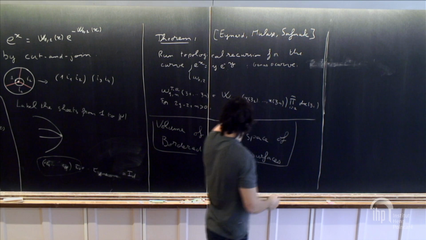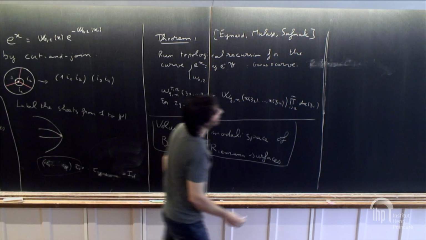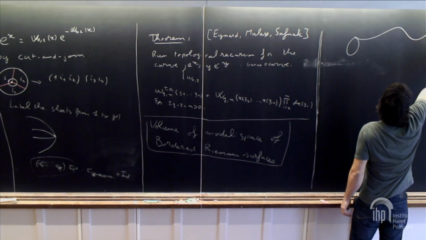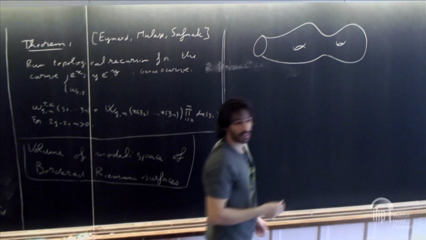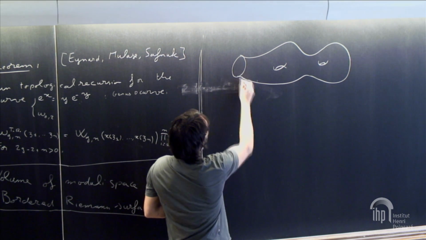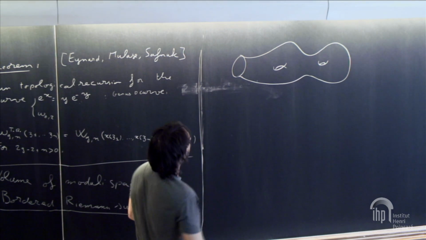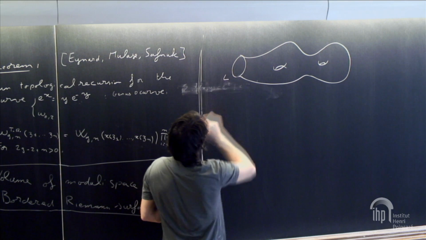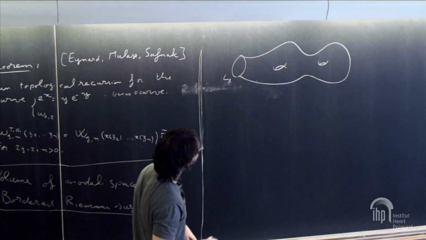So here is the kind of problem I want to look at. I consider the space of genus G Riemann surfaces with one boundary. And I ask this boundary to be a geodesic of given length L. So here I just have one boundary of length L1.